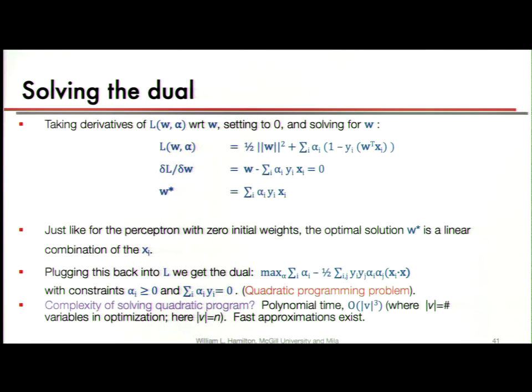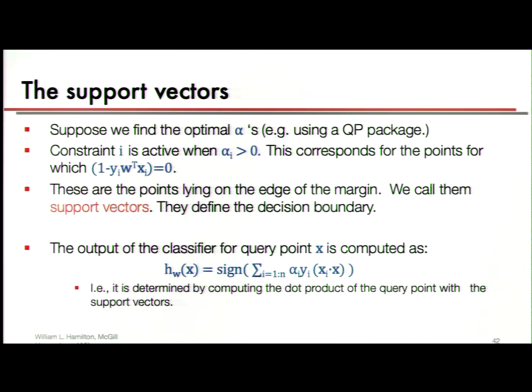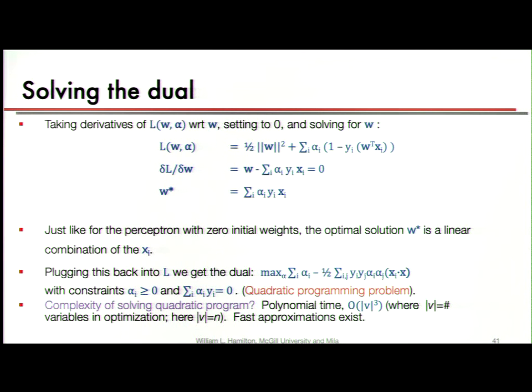So we just need to memorize these alpha i's for the set of them that are non-zero. And why might you want to represent things in terms of these dual points instead of just the parameter vector w? Well, sometimes that can save you in terms of computation, and in the next lecture we'll talk about cases where it's really important to use this dual formulation instead of the original formulation.